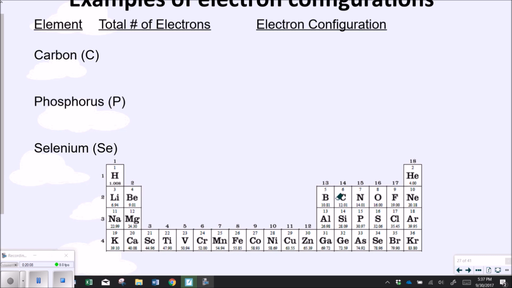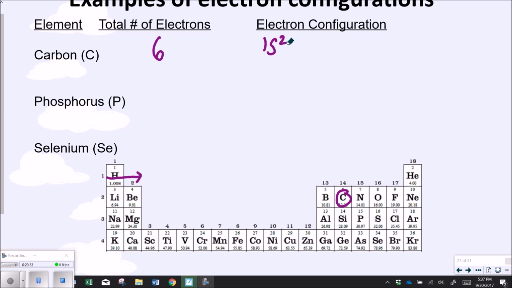So let's start with carbon over here. Carbon has 6 electrons because its atomic number is 6. If we draw its electron configuration, we write the Aufbau order until we reach carbon. We start with hydrogen and cover 1s1 and 1s2. Remember, helium is over here, so 1s2.